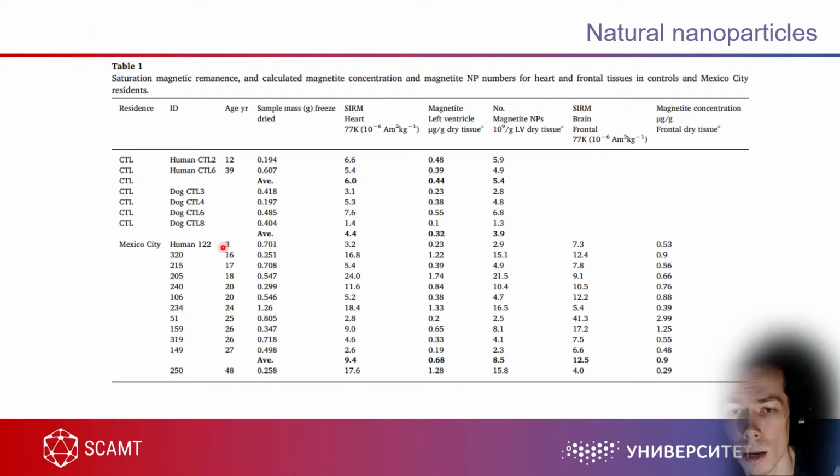maybe in some cases, for example, in the case of Alzheimer's disease, because the probability of Alzheimer's disease increases in recent years, maybe some of our diseases are strictly connected with nanoparticles. Maybe it's not just aging of the population or mutations or something like this.